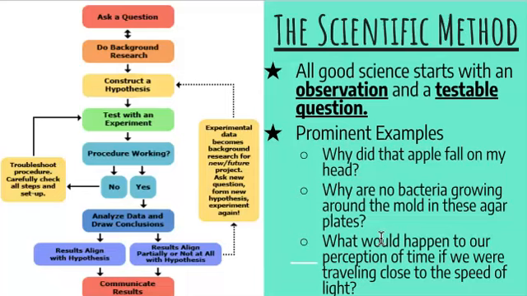The apple falling led to gravity theory. Fleming's moldy petri dish led to penicillin discovery, which was an accident. And then Einstein wondered about the speed of light, led to relativity. All right, so each started with a simple observation, and that became a testable question.